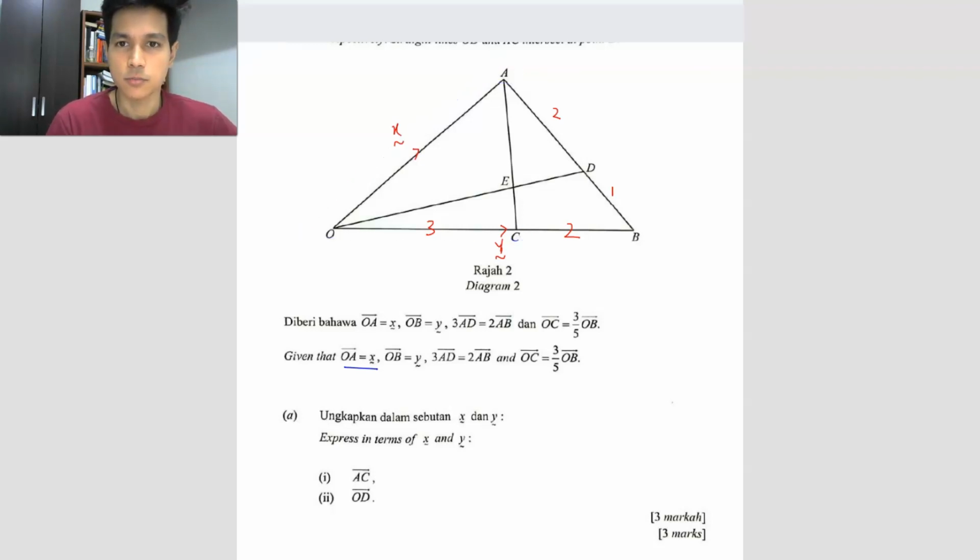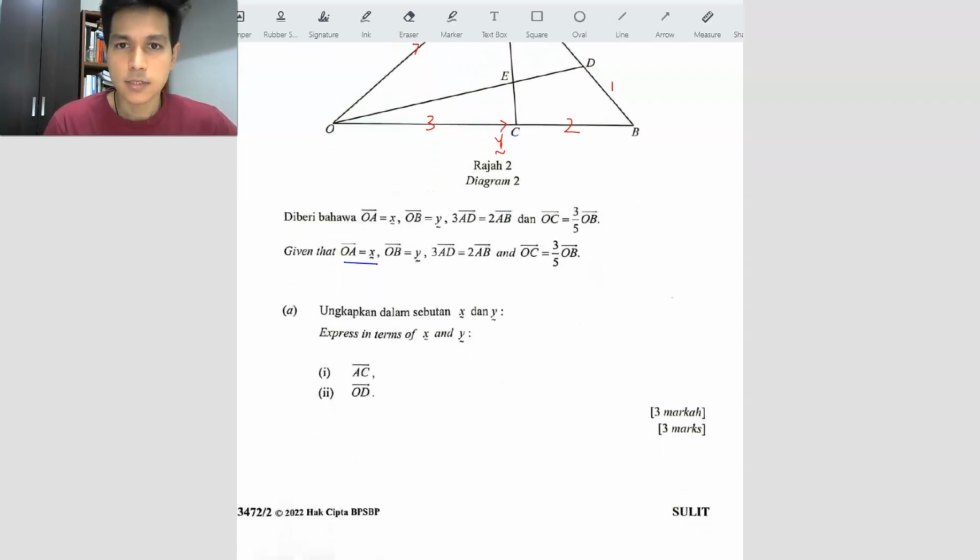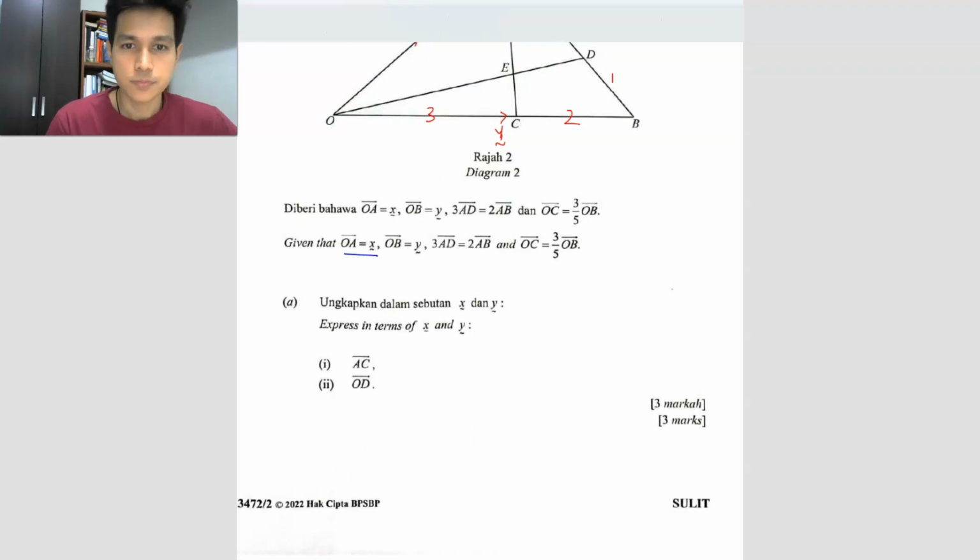So your equation should be, okay, let me scroll down. AC equals to AO plus OC. Correct? So AO you already know is X, right? So it's negative X because it's opposite direction, plus OC. Wait, I don't know whether you can see it or not.